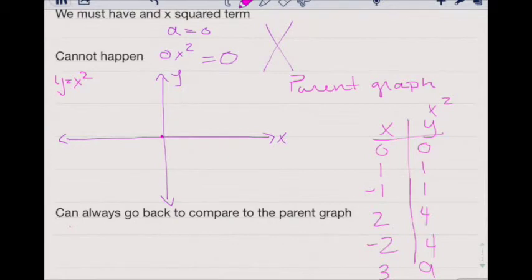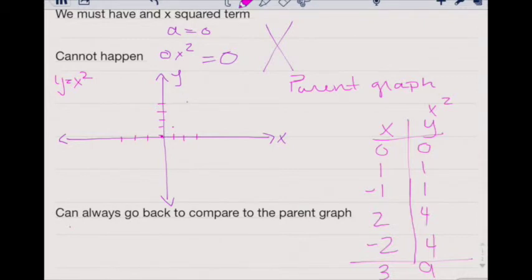So if I start graphing this, I'm just going to do the first up through 2 and negative 2. So if I graph 0, 0, I have 1, 1, and I have 2, 4.